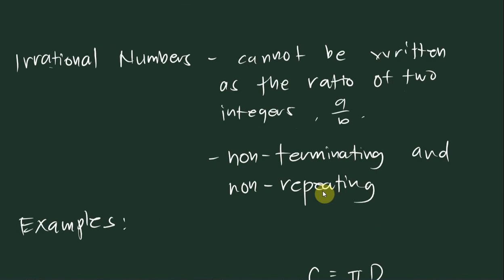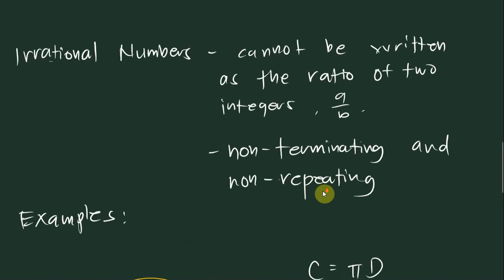An irrational number cannot be written as the ratio of two integers. So it cannot be written as a over b, and it is non-terminating and non-repeating. So what are examples of these numbers?